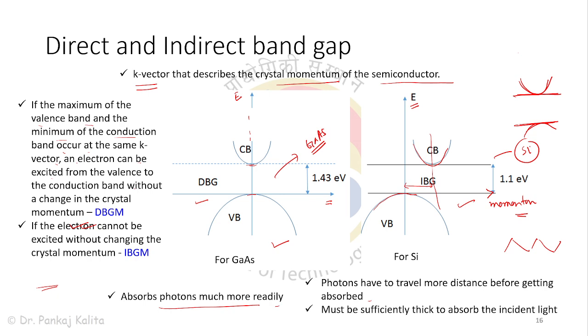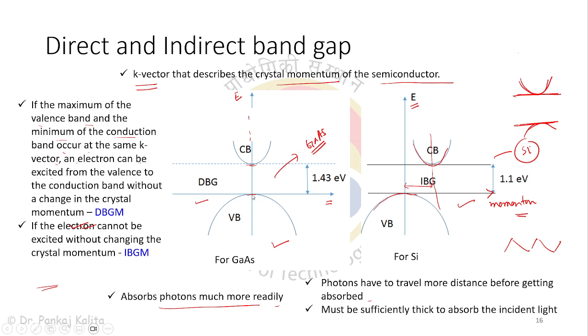Now the direct and indirect band gap. To understand this, you need to know the k vector. The k vector basically describes the crystal momentum. If it is a direct band gap material, it means that the maximum of the valence band and the minimum of the conduction band occur along the same k vector.